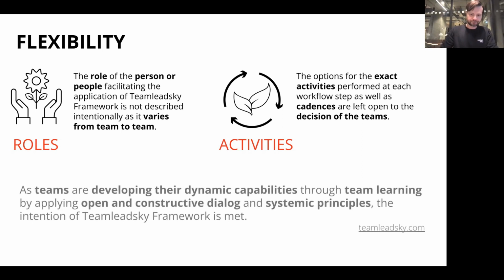Moreover, every element of the framework in theory can be reviewed and adjusted. So you actually can use the framework as a 3D printer, which is printing a completely different version of itself. Of course, you need to have very good reasons to do that and a buy-in of the team, but it's possible.